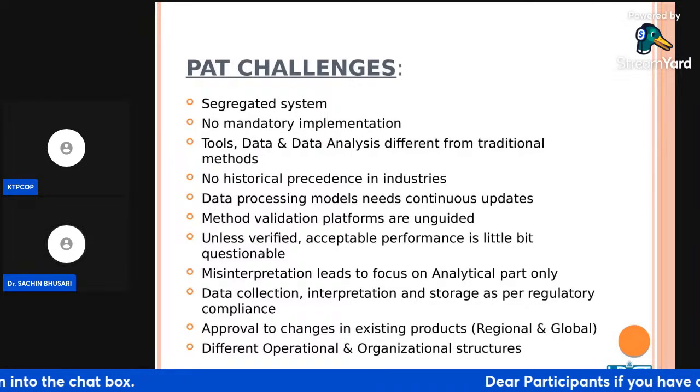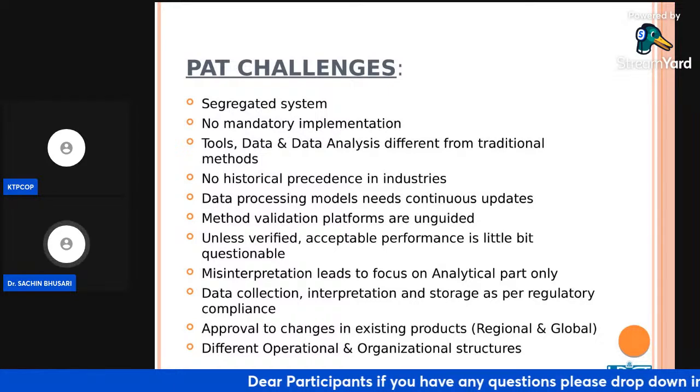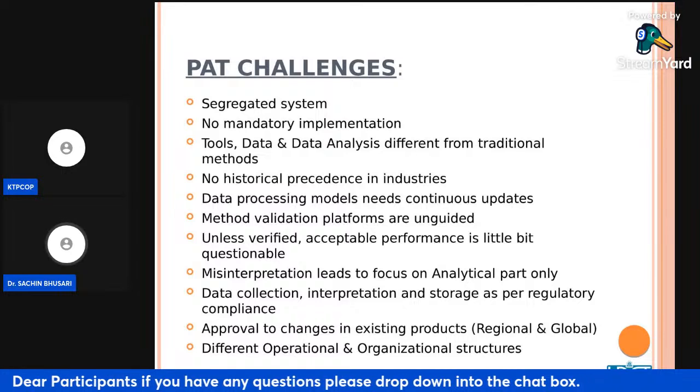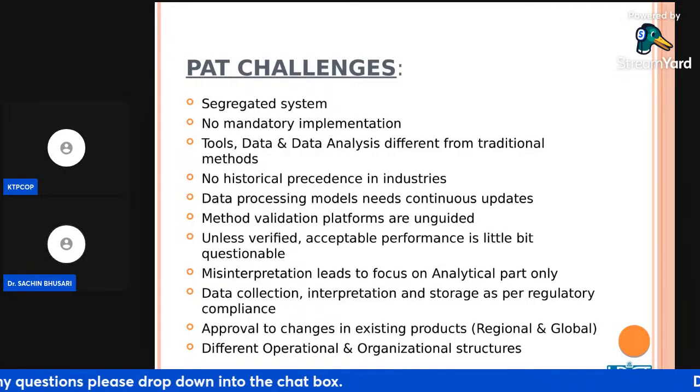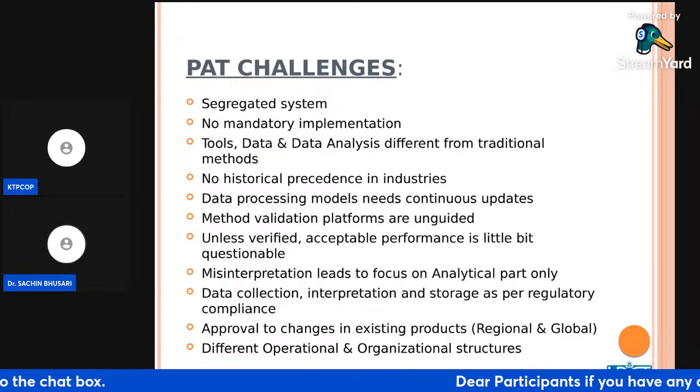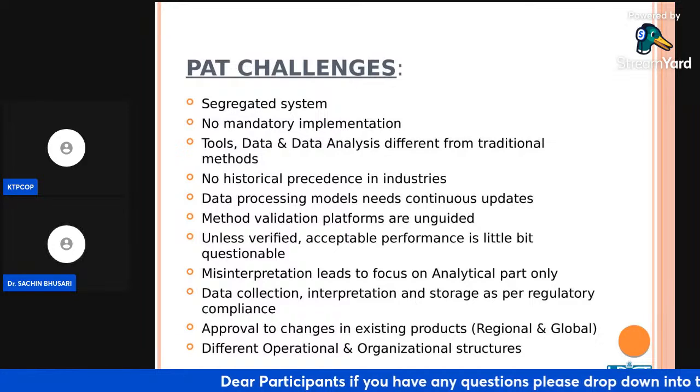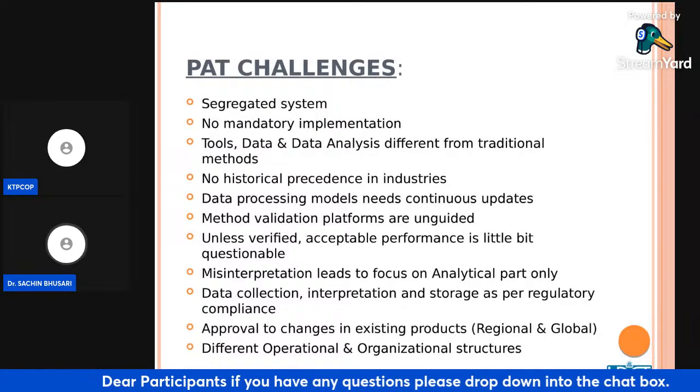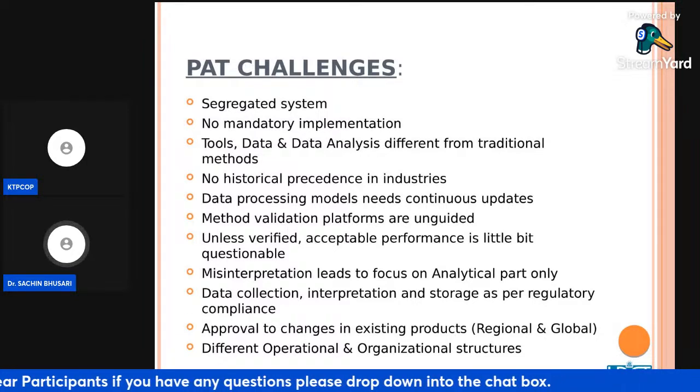The third part is that the tools and data analysis are different from traditional methods. In PAT, my presentation will give you the idea about offline and online tools. That is the classical part. You must watch, you must see. That is there in my presentation. Yes, I am going to share it with you very soon. So the tools which we use offline and online are different. Data analysis is also different from traditional methods.